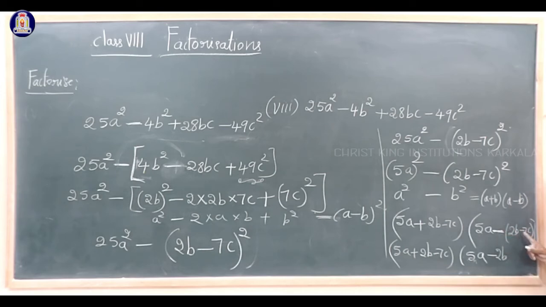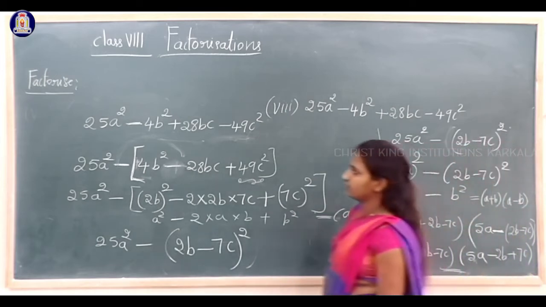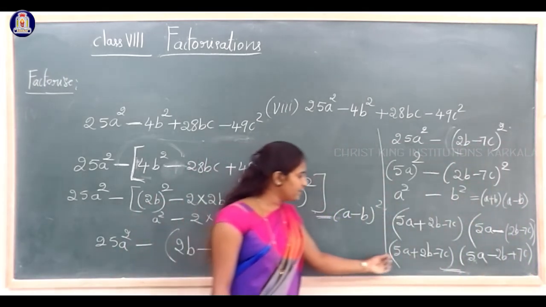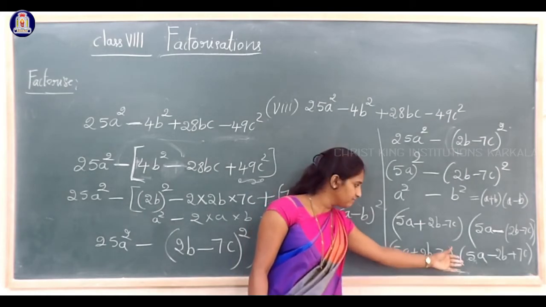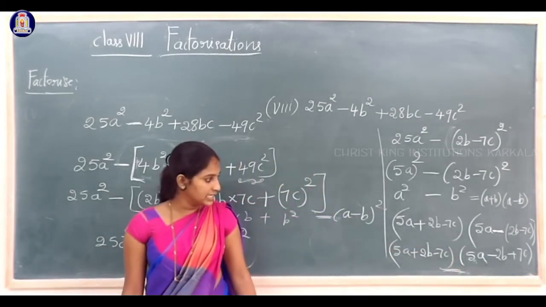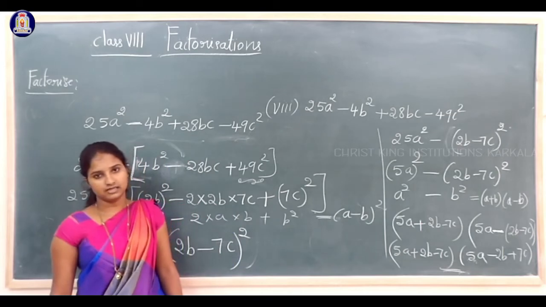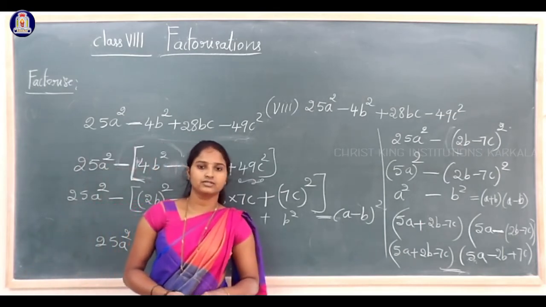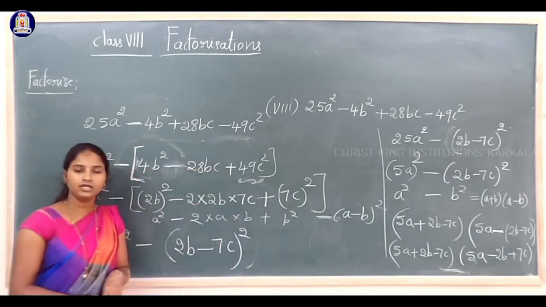Again minus into minus is plus, so the answer is 7c. Therefore the factors of the given expression are 5a plus 2b minus 7c, and another one 5a minus 2b plus 7c. Clear?